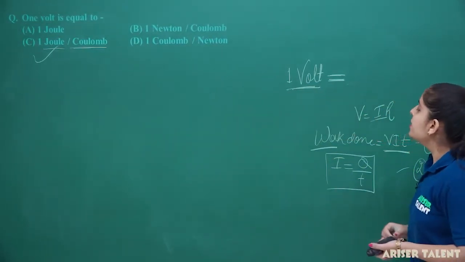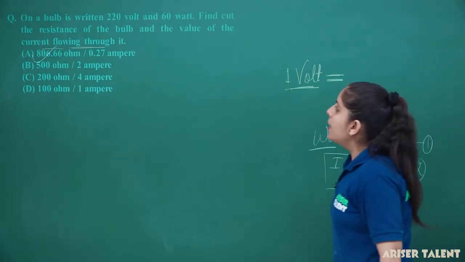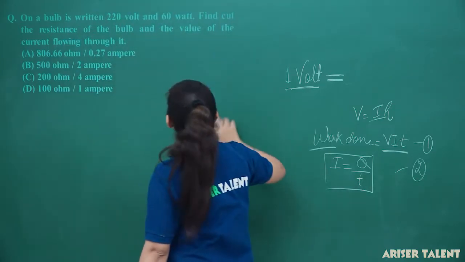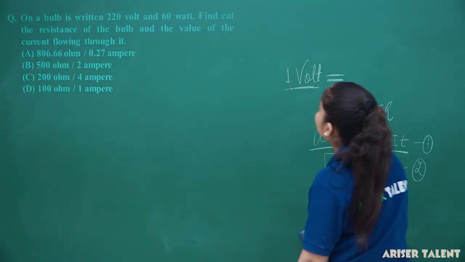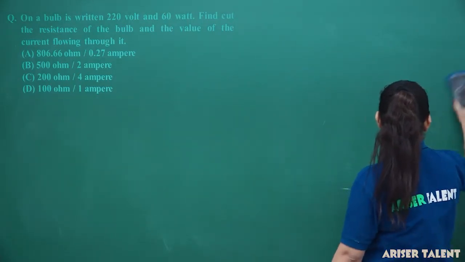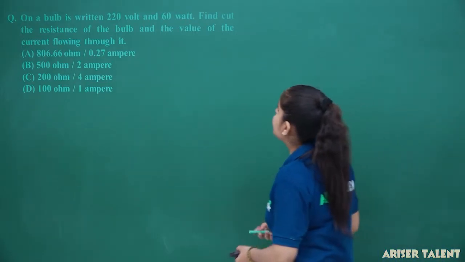Now, let us move to the next part of the question we have. On a bulb, it is written as 220 volt and 60 watt. You have to find out the cutoff resistance of the bulb and the value of the current flowing in the bulb. So what we will write first, we will write the given conditions here.